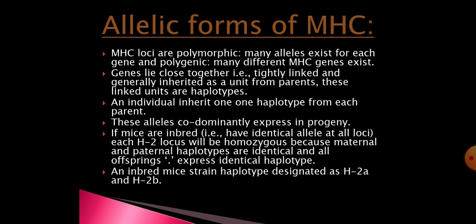When genes lie close together, that means when they are tightly linked, they generally inherit as a unit from the parent. Those linked units are known as haplotypes. That means when an individual is born, it inherits one haplotype from each parent, one from the mother and one from the father.